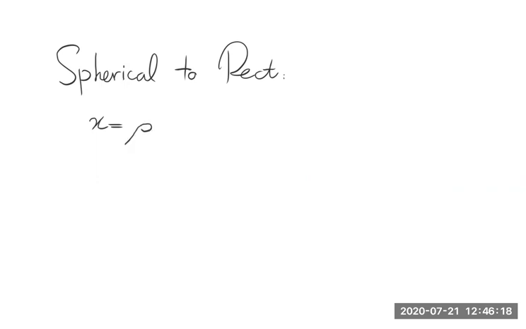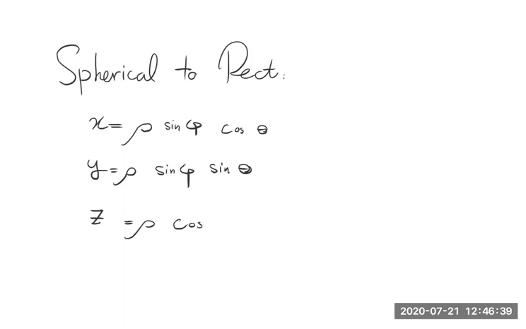X would be rho sine of phi cosine of theta. Y would be rho sine of phi sine of theta. Z would be rho cosine of phi. Okay, that's the way to go from spherical to rectangular.